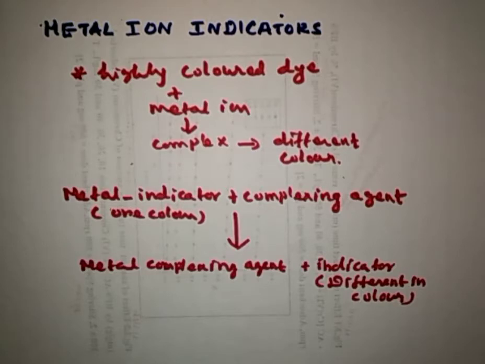To obtain a sharp and accurate endpoint, the indicator chosen should have a pH range within the range that occurs at the equivalence point of the complexometric titration. It is also necessary that the rate at which the metal indicator reacts with the complexing agent is rapid.